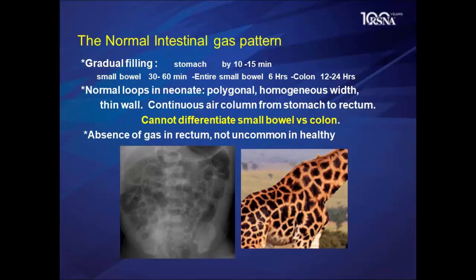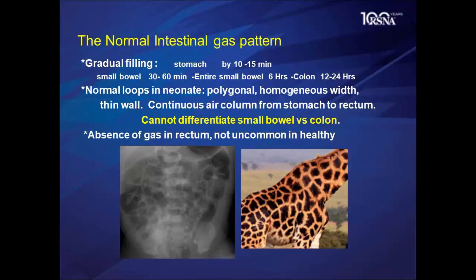One important feature is, contrary to the GI tract in the adult, in newborns we cannot differentiate a small bowel versus a colon, because a small bowel, when it is dilated, would look like a colon, and the colon, when it is not used, is what we call the microcolon, very small.